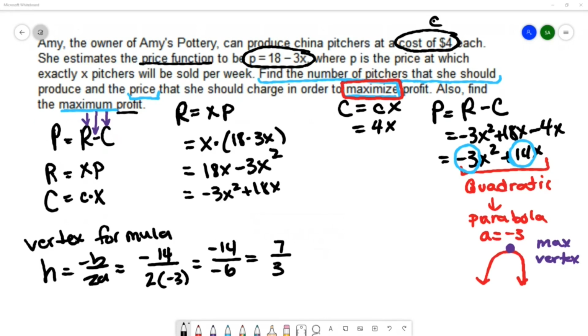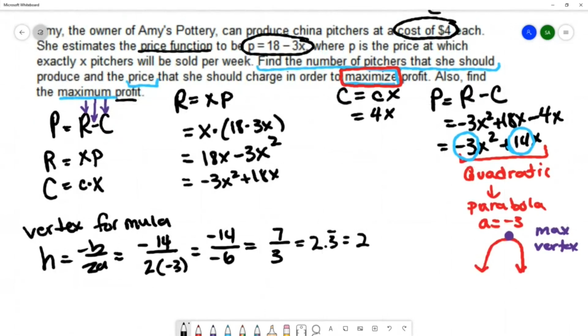Okay, so this is going to give us a decimal value, but we're going to round to the nearest whole number. 3 will go into 7 2 and 1/3 times, so that's going to round to 2. This is going to be like 2.3 repeating, but we're going to round it to the nearest whole number.